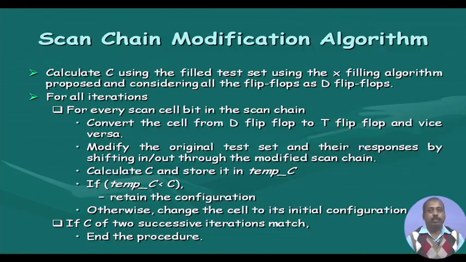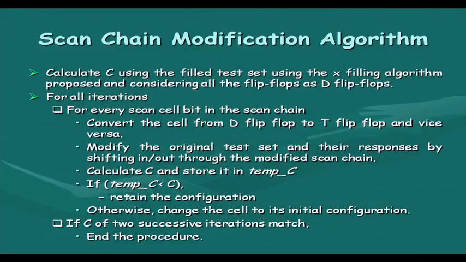What has happened is, due to this modification, the test pattern that needed to be shifted through the scan chain gets modified, and the response bits that we get in the scan chain also get modified. So the C value that we had computed with respect to the original test pattern set is no more valid, and we need to recompute it.